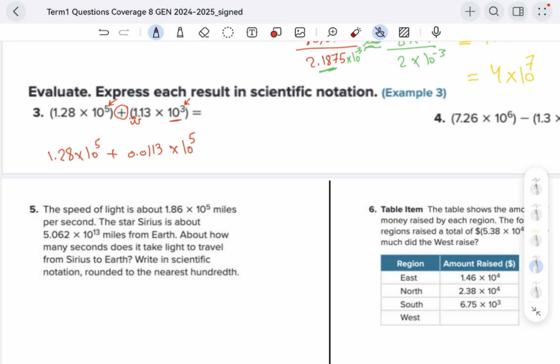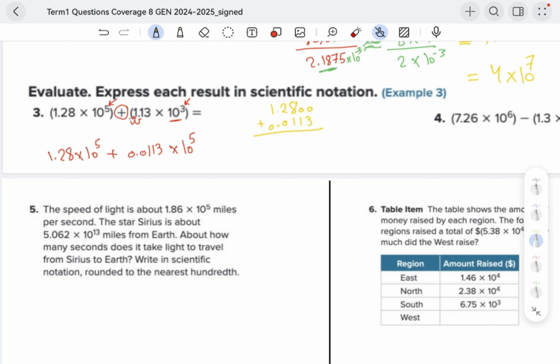Now the exponents or the power of 10 are the same. We can add. Remember, when we add decimals, we have to order the numbers correctly. We have 1.28 plus 0, put the decimal point on top of the other decimal point, 0, 1, 1, 3.